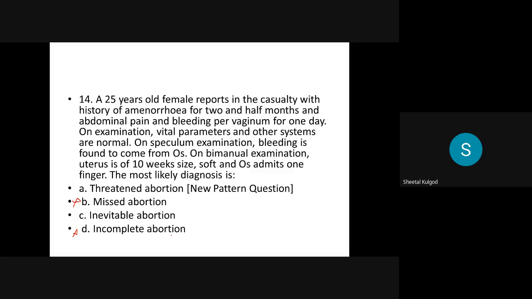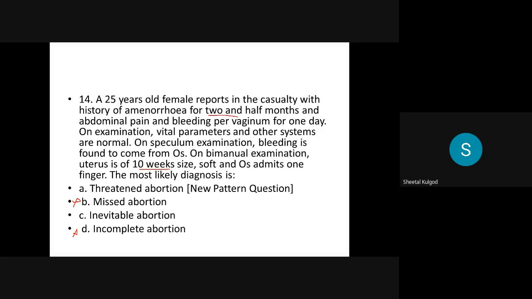So in these two conditions, missed abortion and incomplete abortion, the size of the uterus will be lesser. Whereas in this situation, the size of the uterus is corresponding to the history: 2.5 months of history and 10-week size. That means it will be in one of two situations: either a threatened abortion or an inevitable abortion. We have narrowed down to 2 options with this criterion.